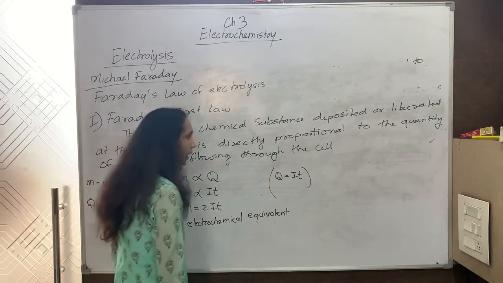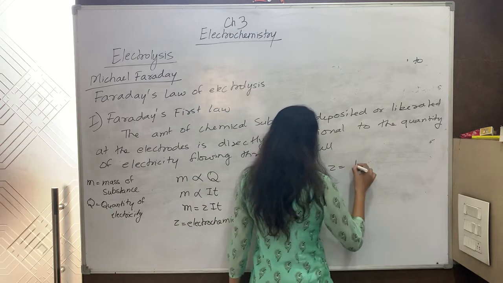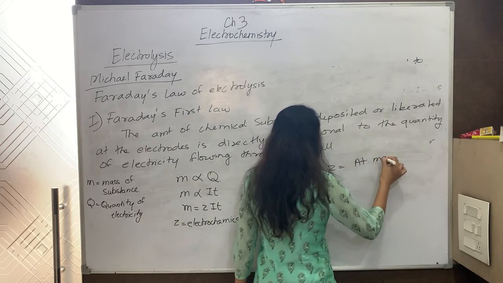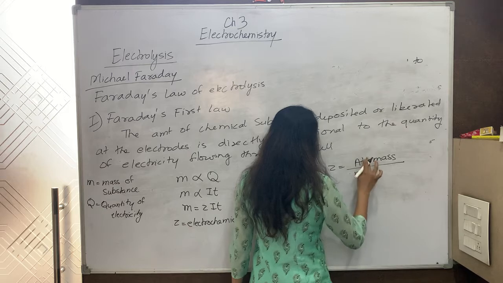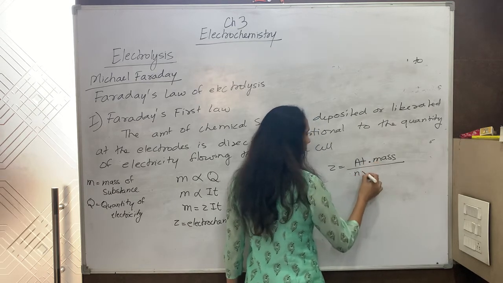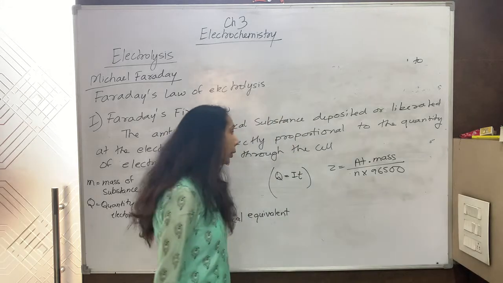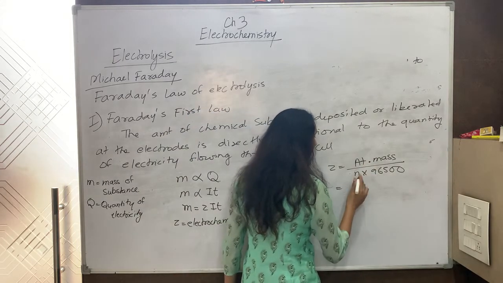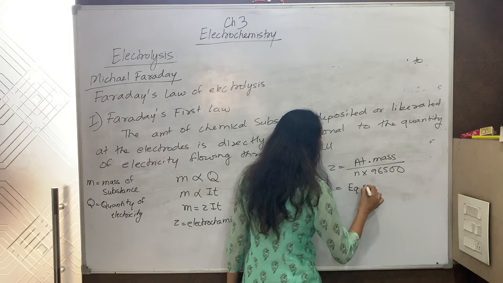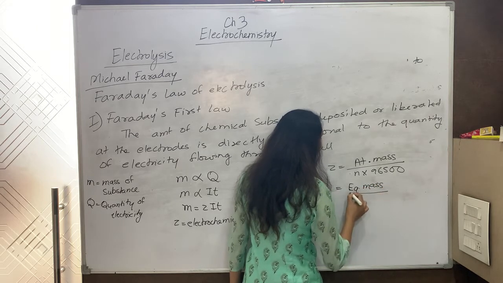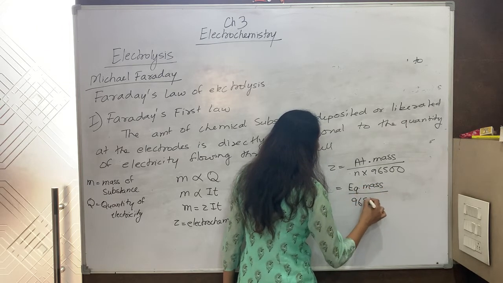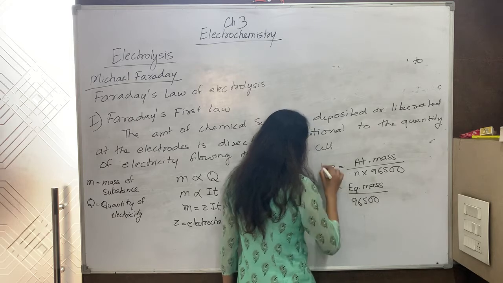And how do we determine Z? Z is equal to atomic mass upon n, where n is the number of electrons gained or lost, multiplied by 96500. You can also say that atomic mass upon n is called the equivalent mass. So I can say Z is equal to equivalent mass upon 96500. That is the value of Z.